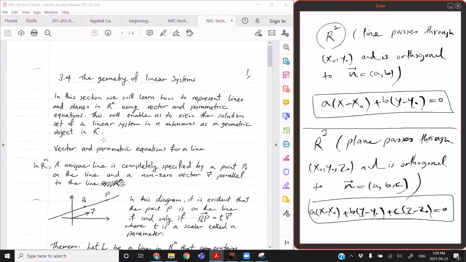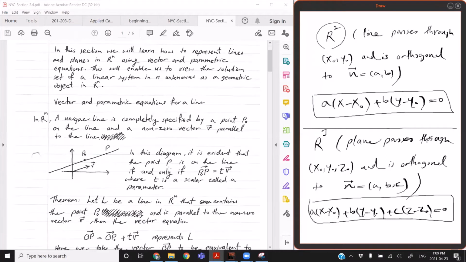After we have studied vector and parametric equations, you will see a similarity. You will see actually that the general parametric solution is a vector or a parametric equation of some geometric object, which could be a line or a plane. So this will also help you view the solution set of a linear system as a geometric object in Rn.